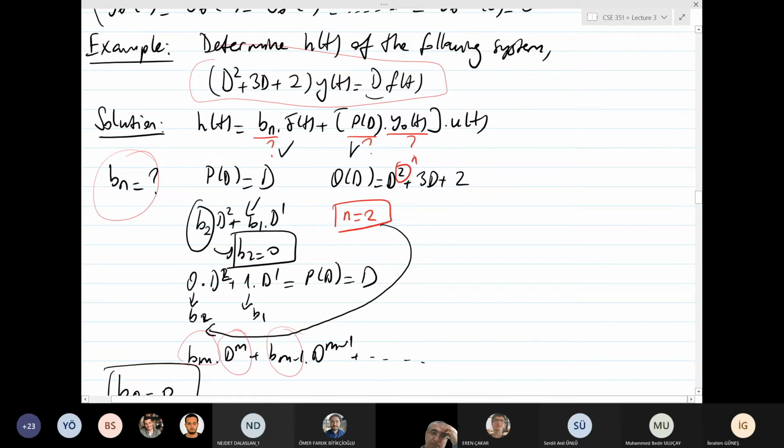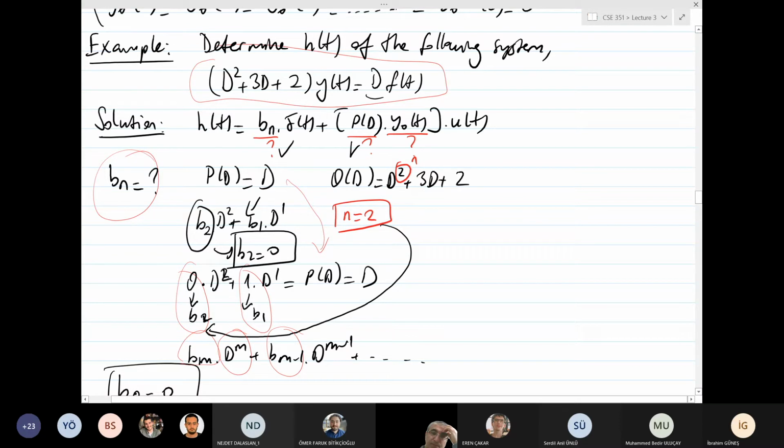In this case, b2 is this and b1 is 1. So that's why P of t is equal to D. So we got the n from this Q of t power, and the b2 is equal to this value.